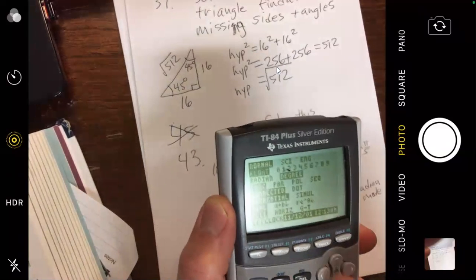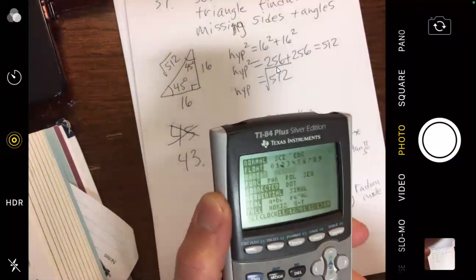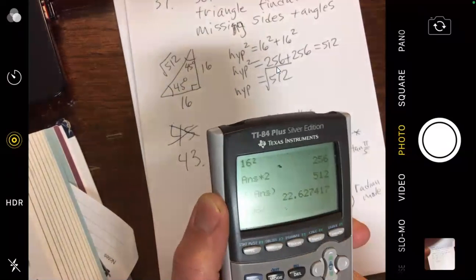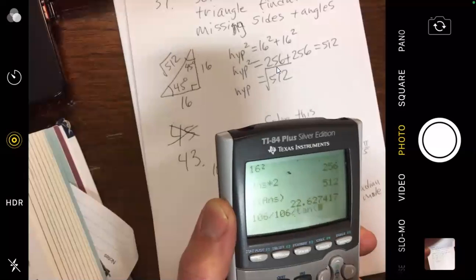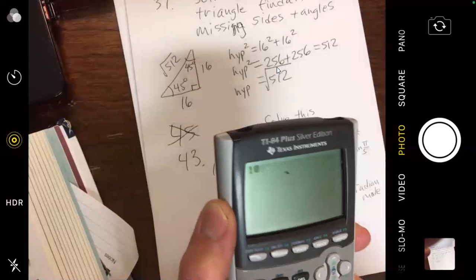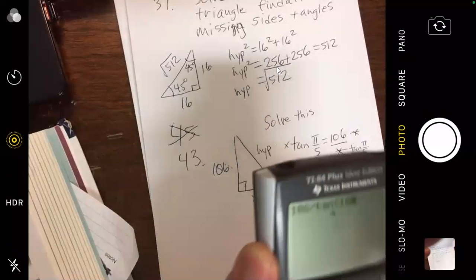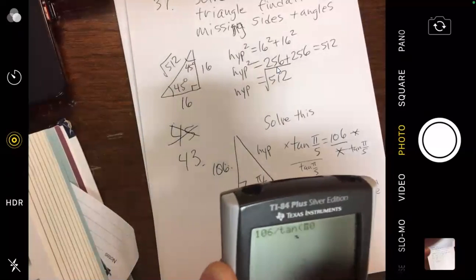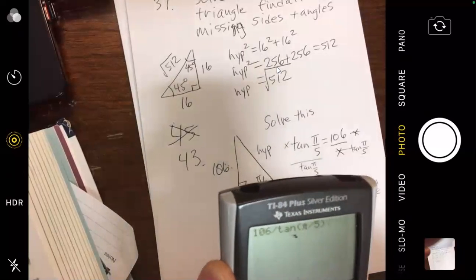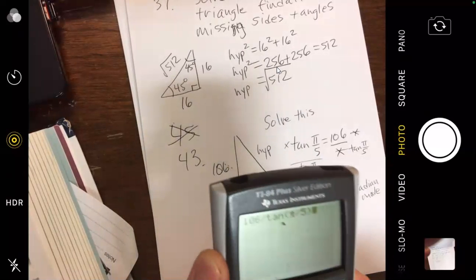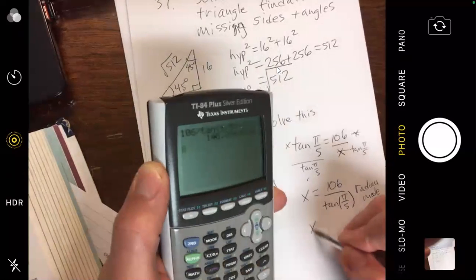I'm in degree mode. Radian mode. Tangent, come on. 106 divided by tangent of pi over 5. 145.9, we'll call it.